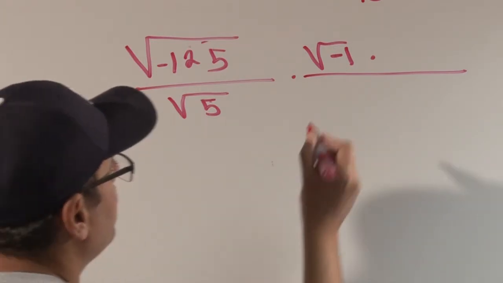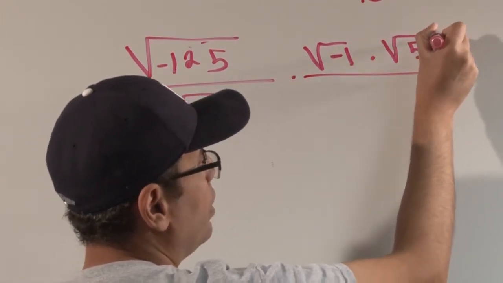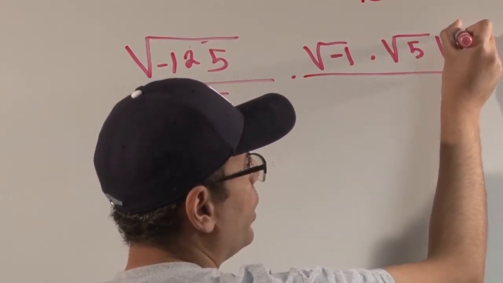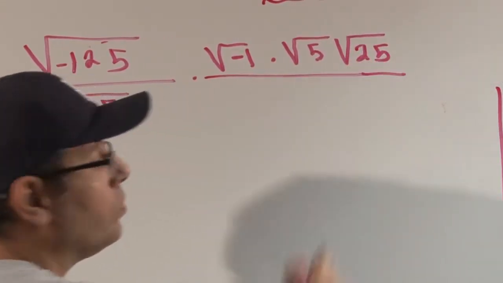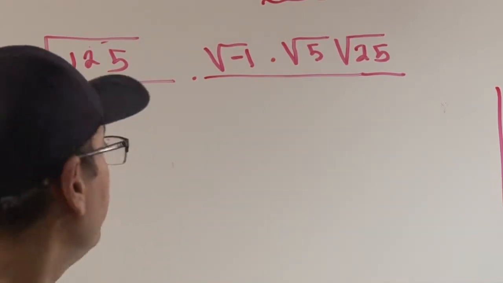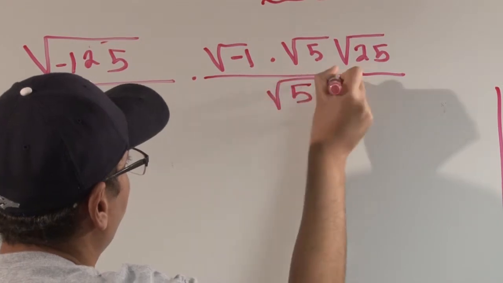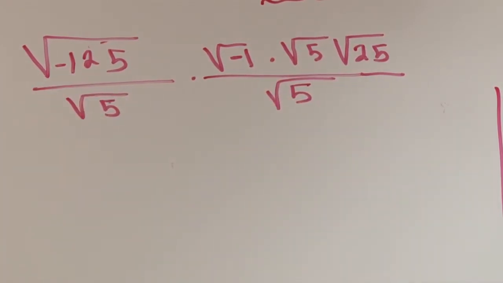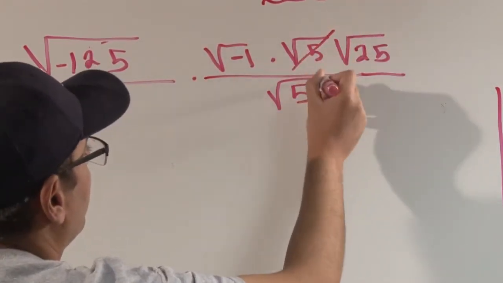So I could make this square root of 5 times square root of 25. Is that clear? And write this down, square root of 5. Now if I simplify, I can cancel those out together.